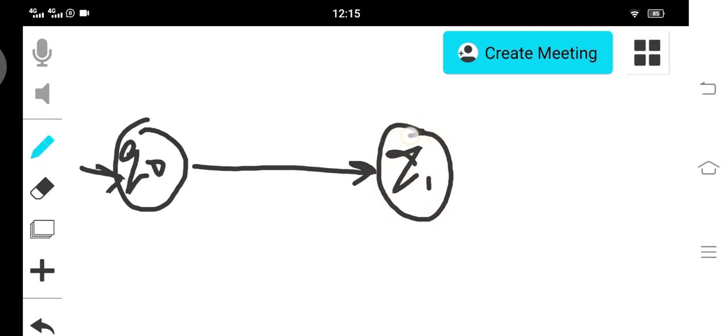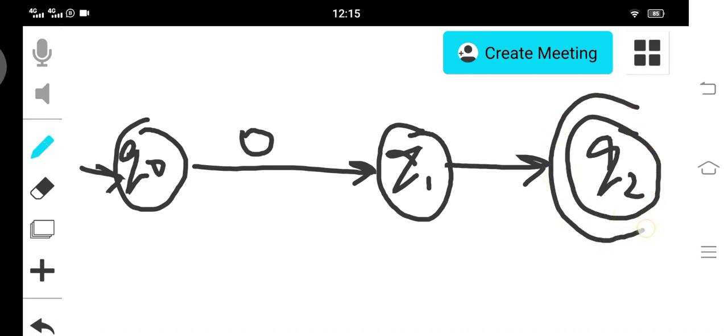Q1, from Q0 to Q1 on input 0, and Q2 is the final state, also on 0.